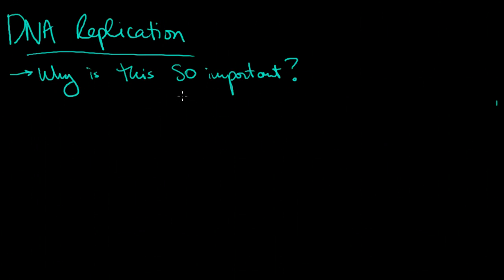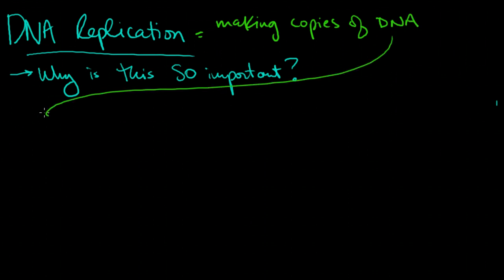But before we actually get started, we need to talk about why DNA replication is so important. What you should know is that DNA replication is the process of making copies of DNA. When we're talking about DNA, we're talking about deoxyribonucleic acid.